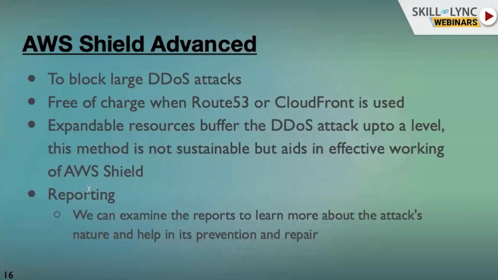Say, if my web server is capable of computing 100 requests per second, and the attacker is sending 120 requests per second, temporarily the 100 requests will be increased to 150 by the AWS Shield, so that it will, up to a point, compensate for the attack.